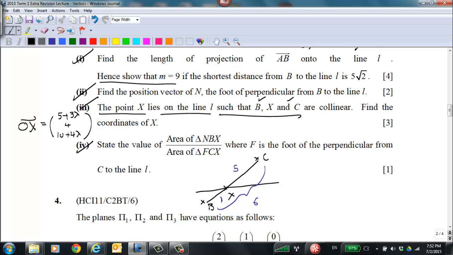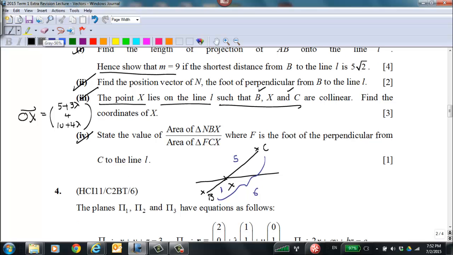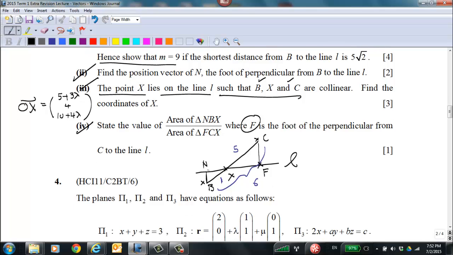Now why do I need this? Because if you really read the question, it says F is the foot of the perpendicular from C to the line L, this line L. Then we know that N is the foot of the perpendicular from B onto the line L. So what you need is the area of this triangle, the smaller one, to this triangle, the larger one.